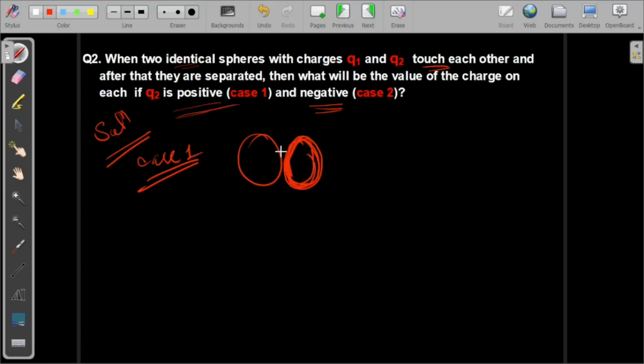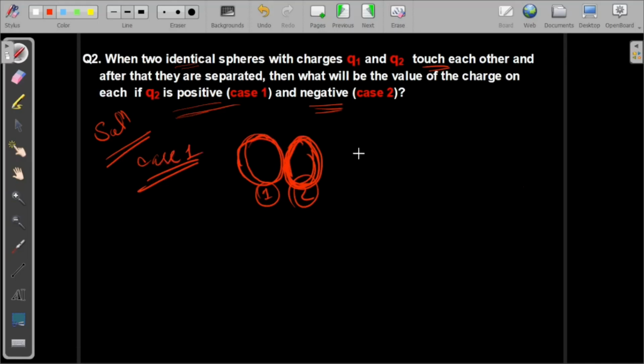When does the flow stop? When the charges get distributed uniformly, right? Here the charges will be distributed uniformly. At that time the flow will stop. After that, these two bodies are separated. Then what will be the value of the final charge on each body?